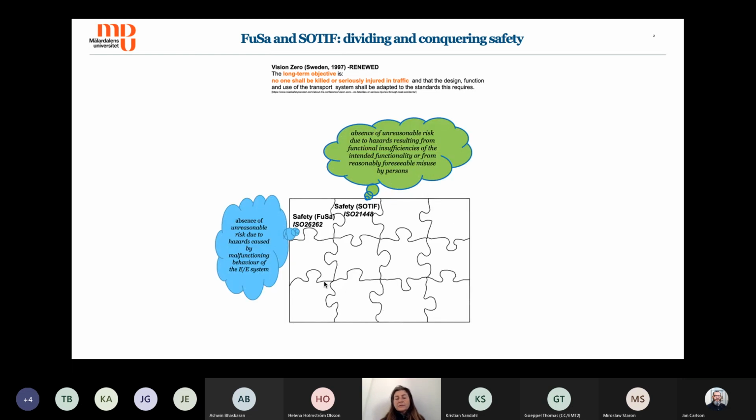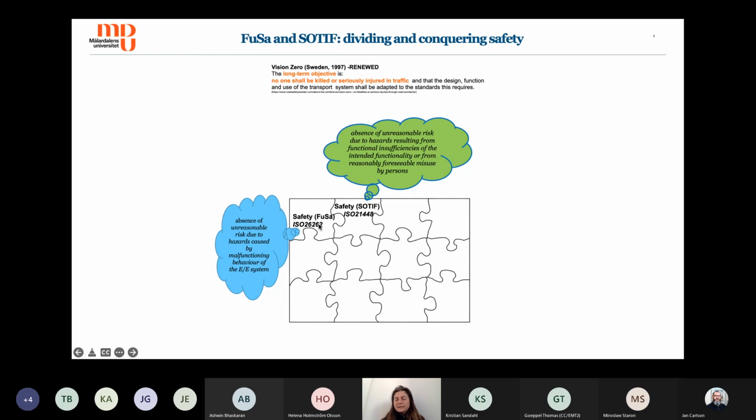And in the automotive sector, the first tile that was introduced was functional safety, which was defined as absence of unreasonable risk due to hazards caused by malfunctioning behavior of the electric and electronic systems. Now, this was in 2011.